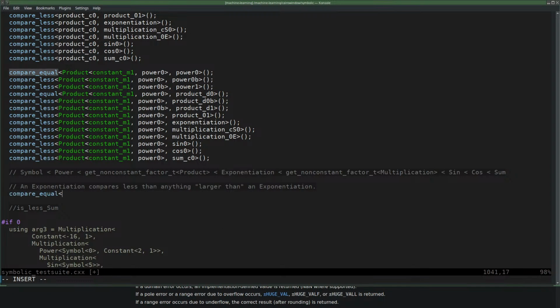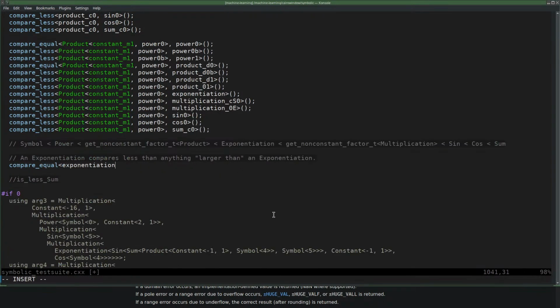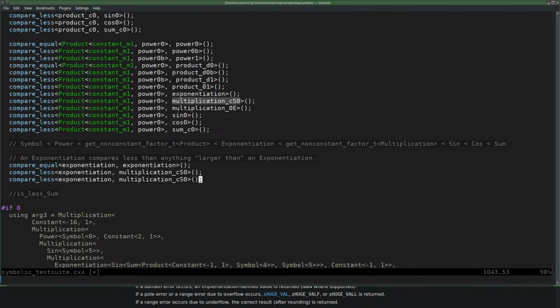I don't know. Compare exponentiation. Well, let's first do that would be constant times sinus. Well, that's by coincidence, yes. And the other one was easier, or whatever.